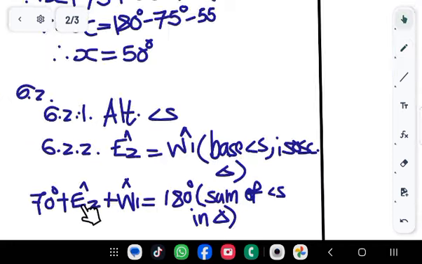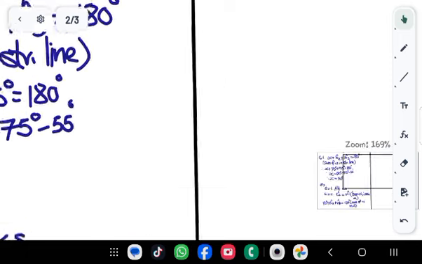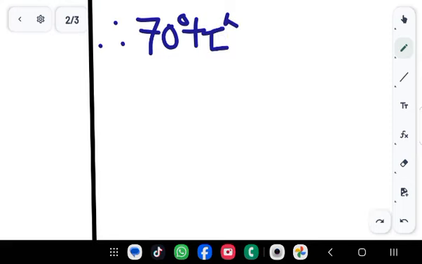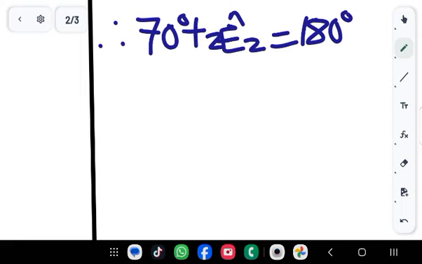Therefore, because these two are equal, the sum of the two will be twice one of them. So 70 degrees plus twice angle E2 equals 180 degrees.